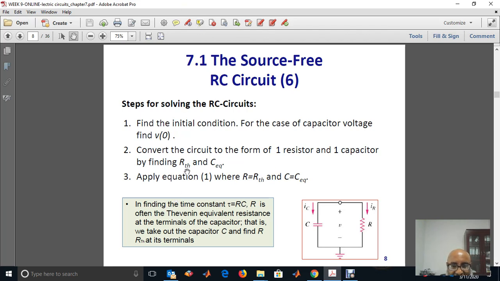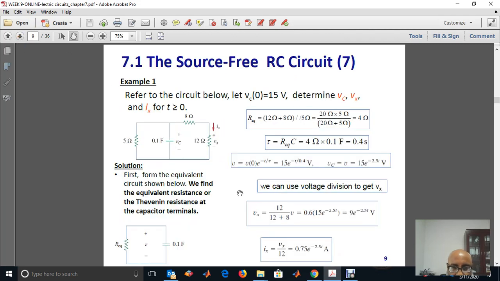The equivalent resistor is the Thevenin resistance, actually. Then we will apply the equation that we saw earlier. And when we calculate the time constant, tau will be R times C, where R will now be R Thevenin times C.